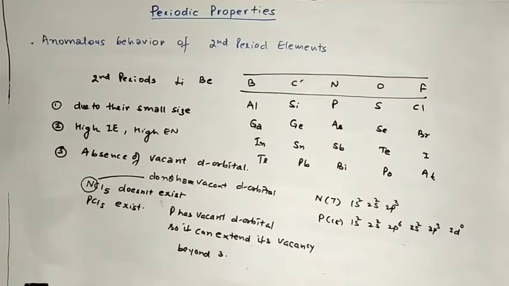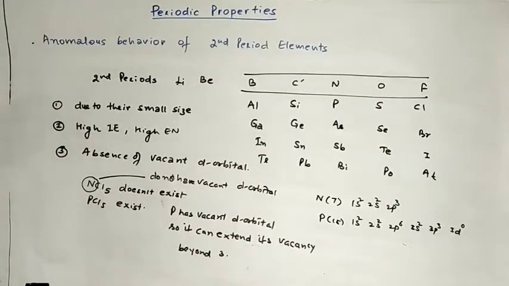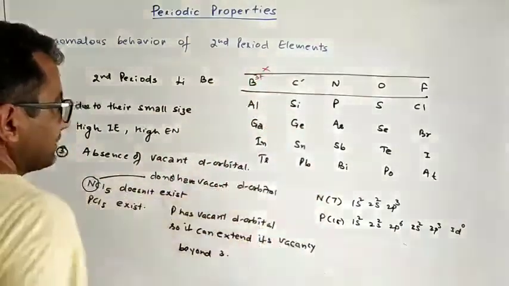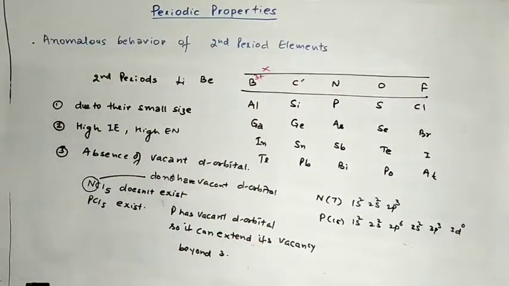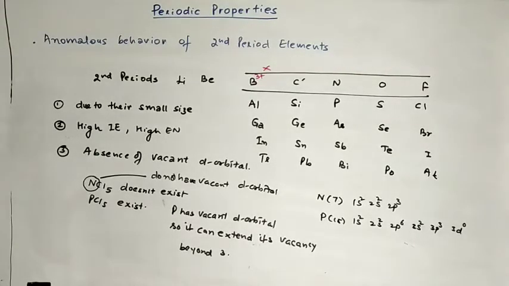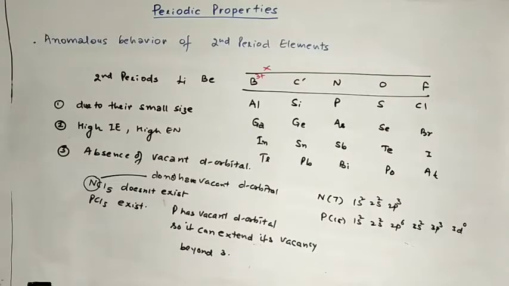Ionization energy: we said B3+ does not exist because of high ionization energy. Because the sum of the first three ionization energies is very high in boron.